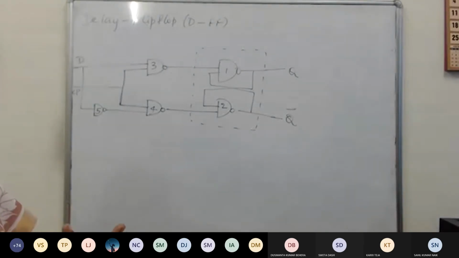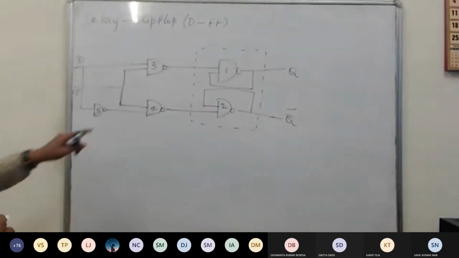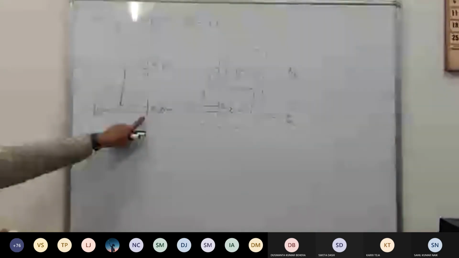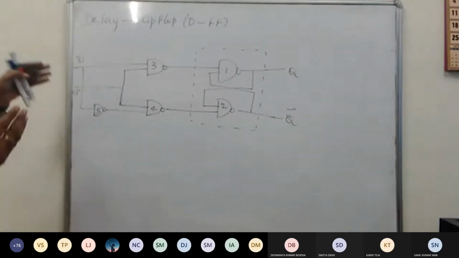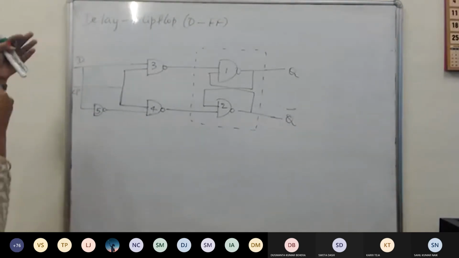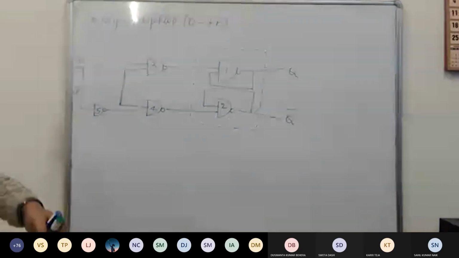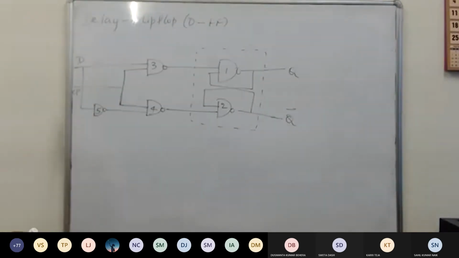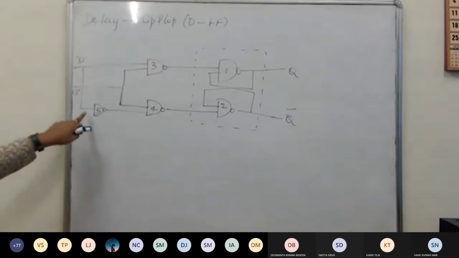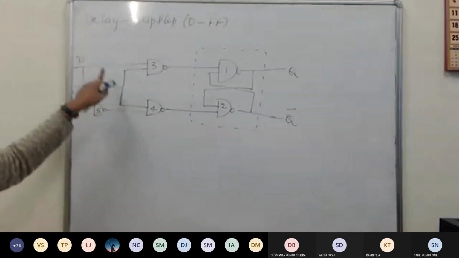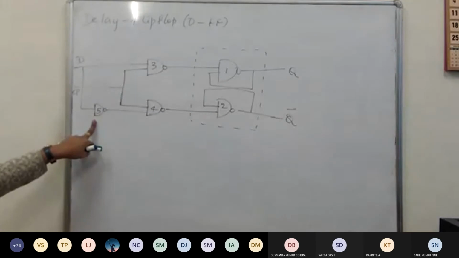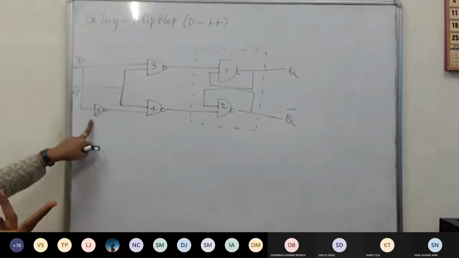What happened to the other input? Simple. The other input is actually the inversion of your single input. So your two-input SR flip-flop has been modified to a single-input flip-flop. It is actually the same signal and its inversion that is fed here. If you carefully observe, this is also a single-input NAND gate you can take.